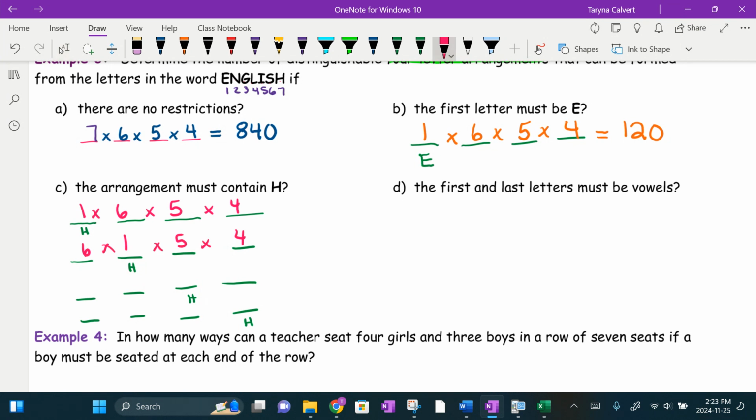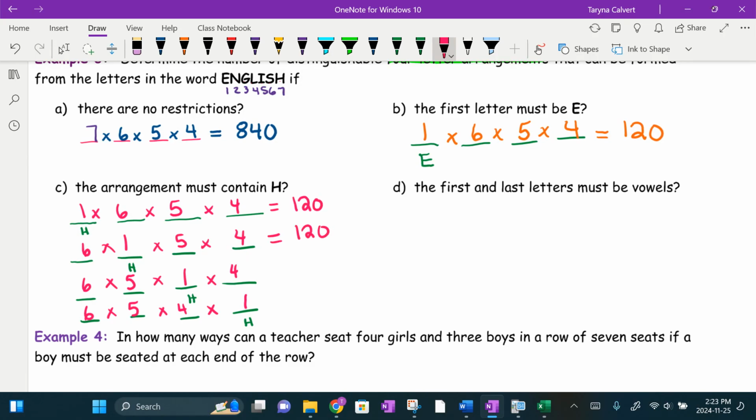Yes. If H is third, it's still the same. And H is fourth, because the arrangements of the numbers that you're multiplying end up being 6 times 5, which is 30, times 4, which is 120.